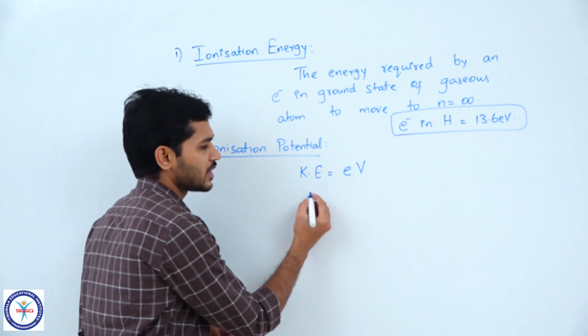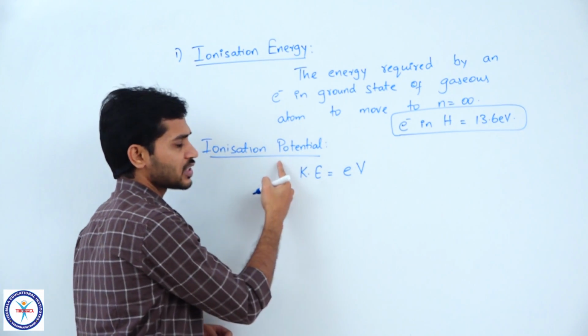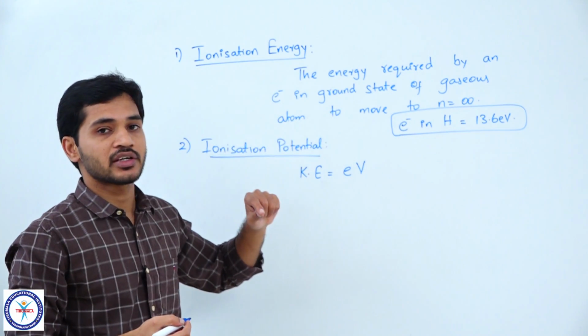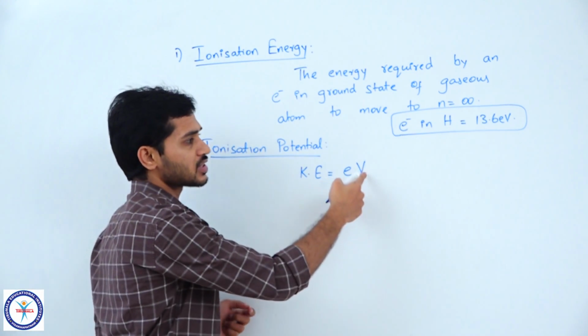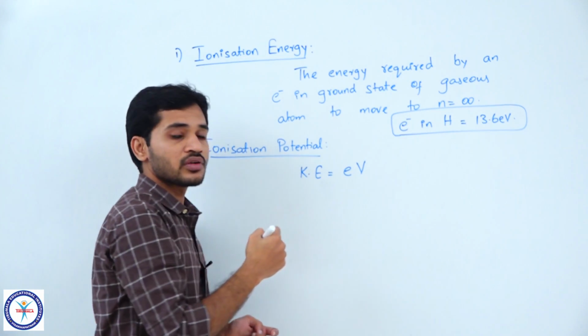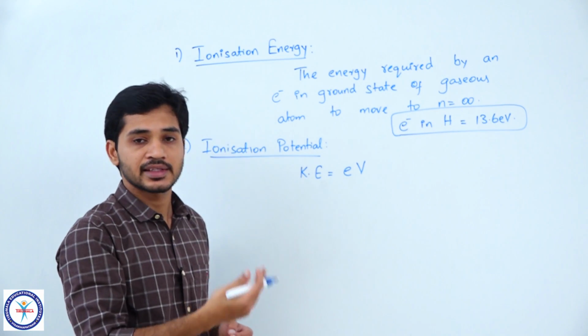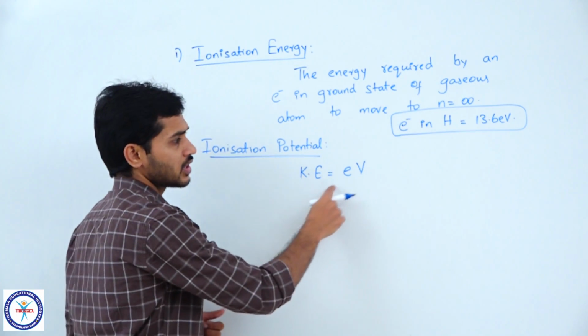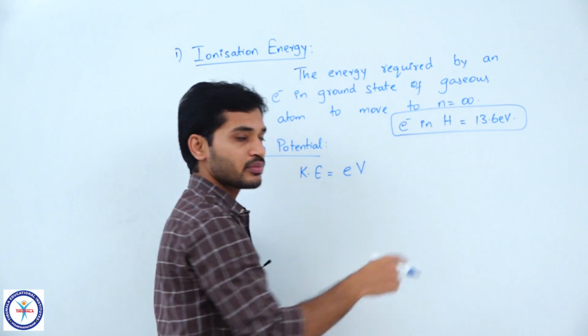So, we can define ionization potential as ionization energy divided by e. In this case, the ionization potential for an electron in hydrogen is 13.6 volts.